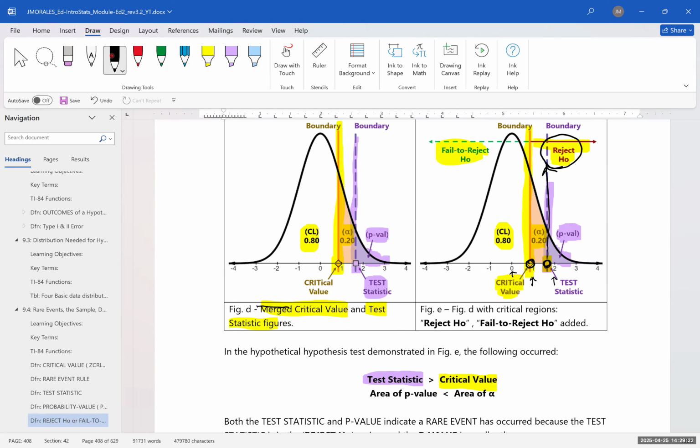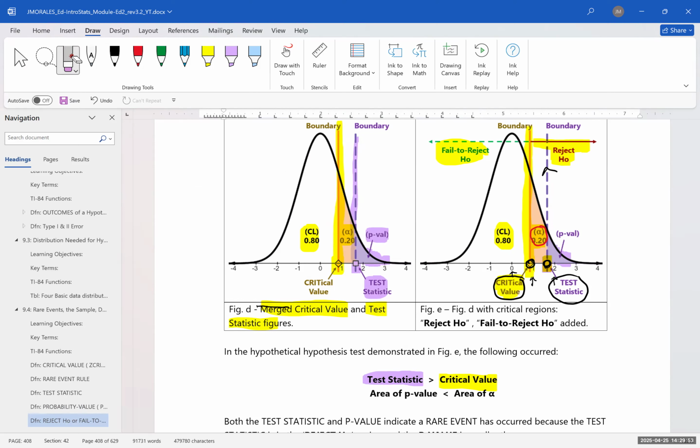And that's how we're going to come to our conclusion: after the whole hypothesis test is said and done, we're going to reject the null hypothesis from the very beginning of this whole process. Now, we can do that by comparing apples to apples. How do we do it? By comparing oranges to oranges, area to area.